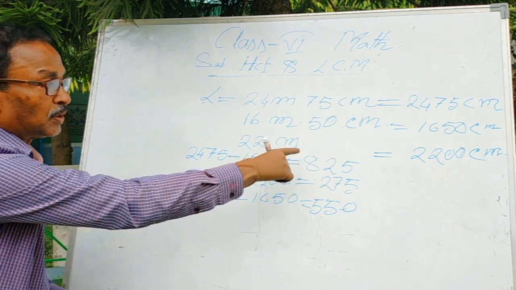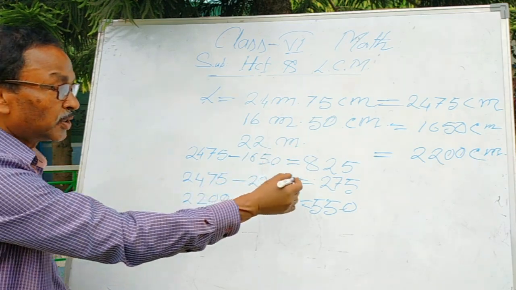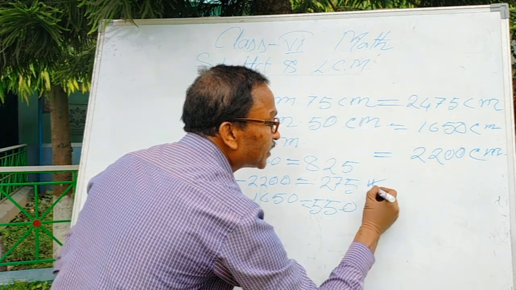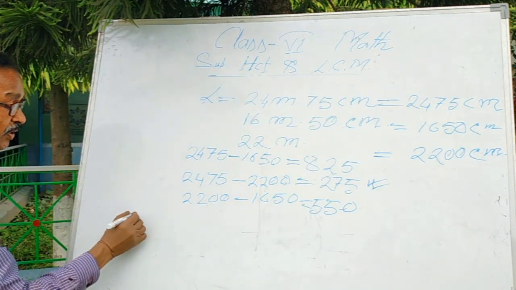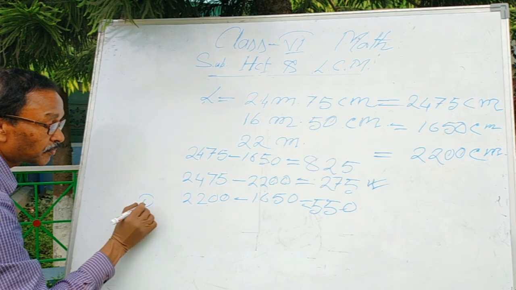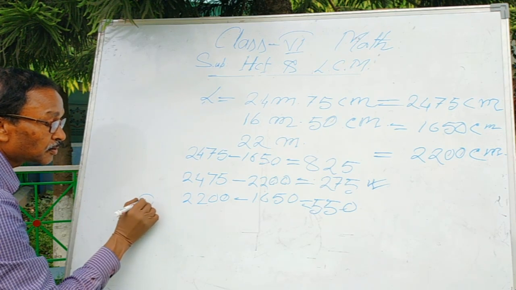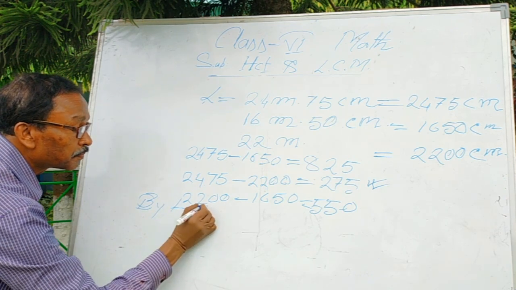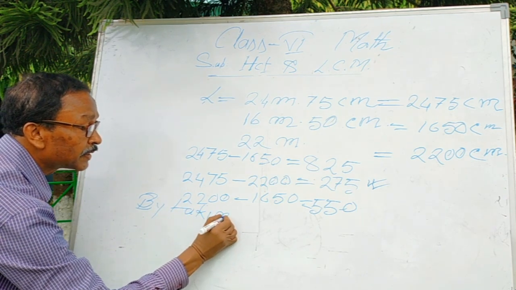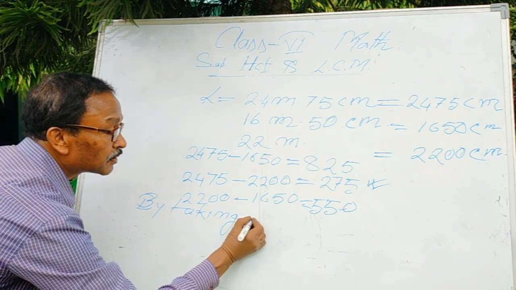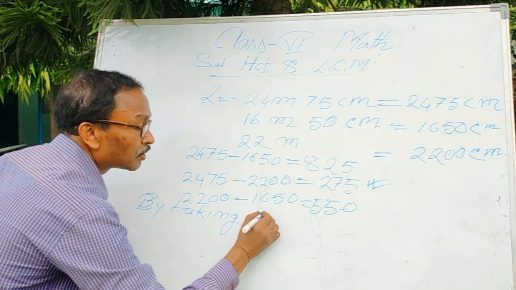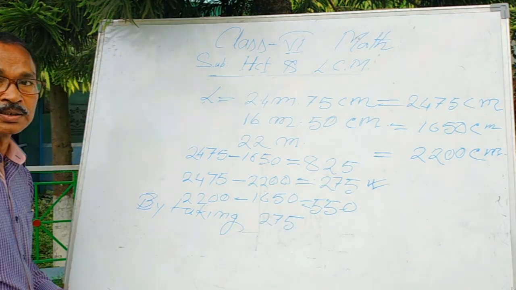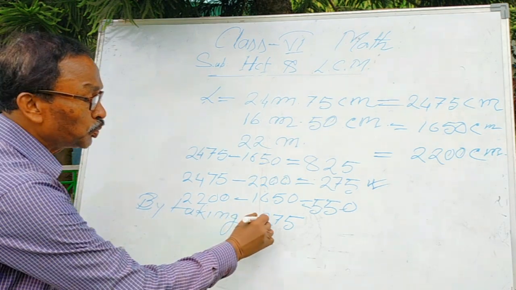Look here, of these three differences, only 275 is the least number. We can take this 275. Look here, 275.